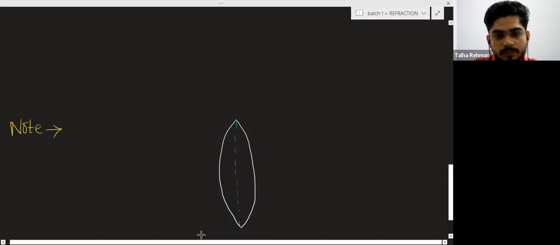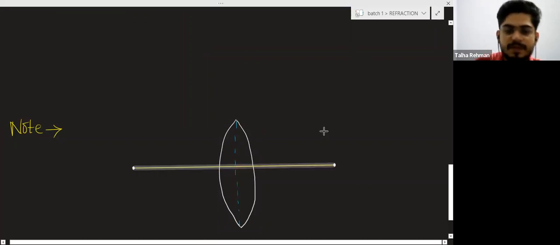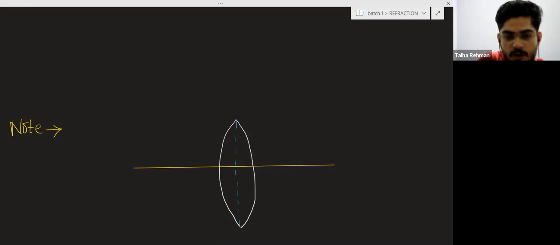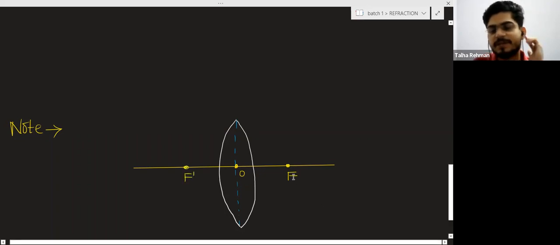Suppose this is the principal axis, and this point is the optical center. For this lens, one focus of the lens is this, and one focus of the lens is this. I represent this focus with f, and this focus is represented by f dash.